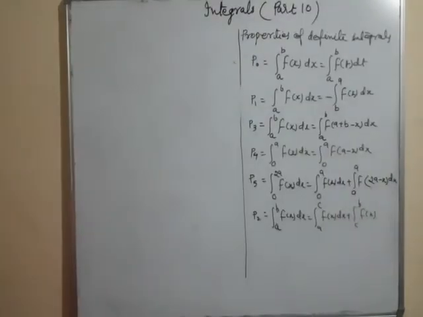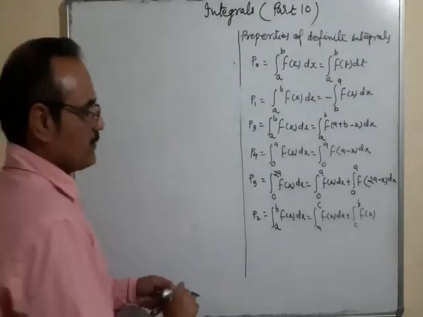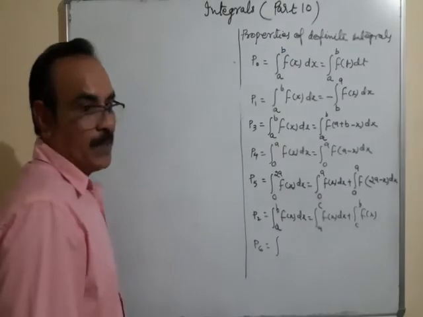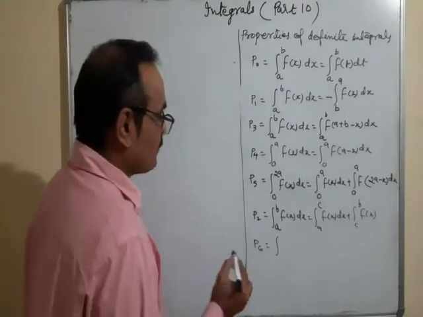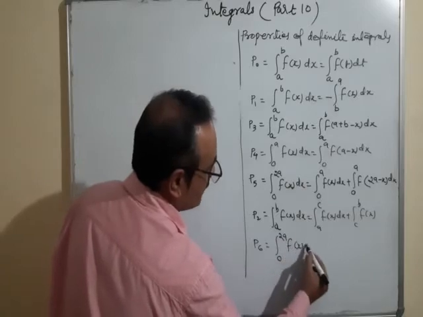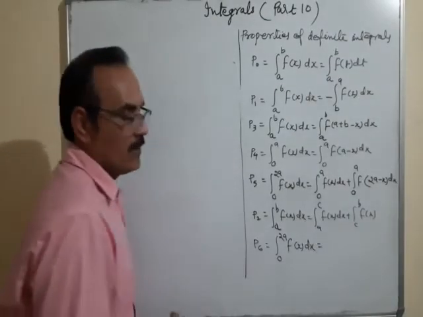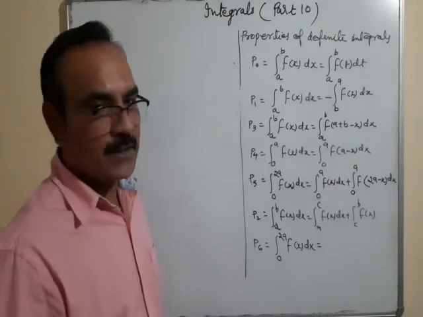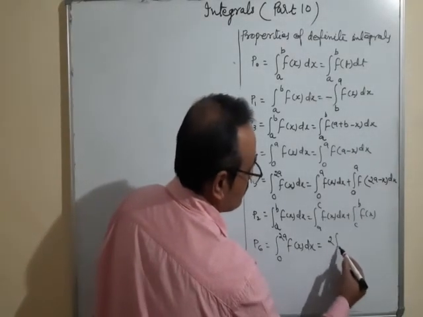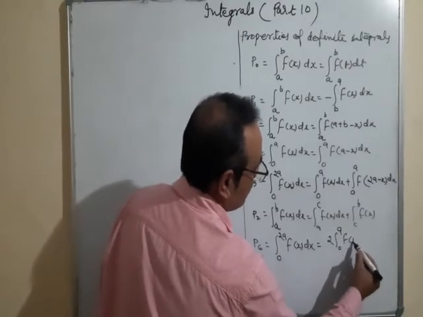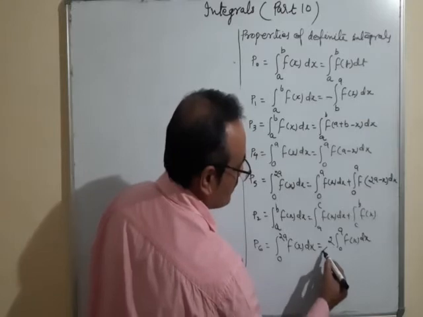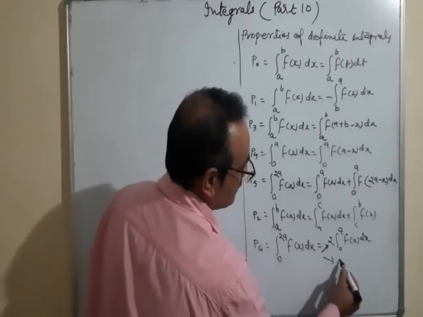Next property is, after P5 there is P6. What is P6? Now P6 and P7, they are very important properties. The integral from 0 to 2a of f(x) dx is equal to, there are two conditions, two answers of it. One is the integral from 0 to a of f(x) dx, and the second is 0.